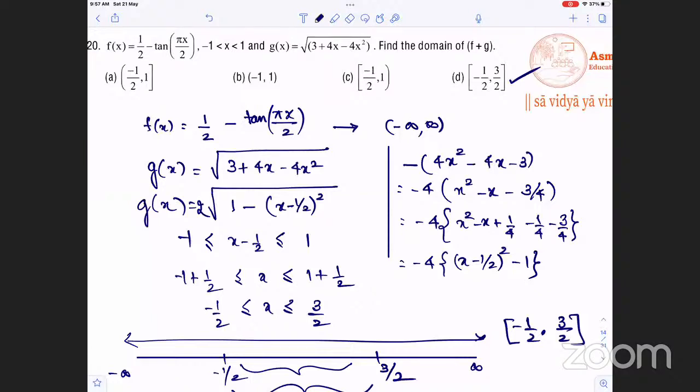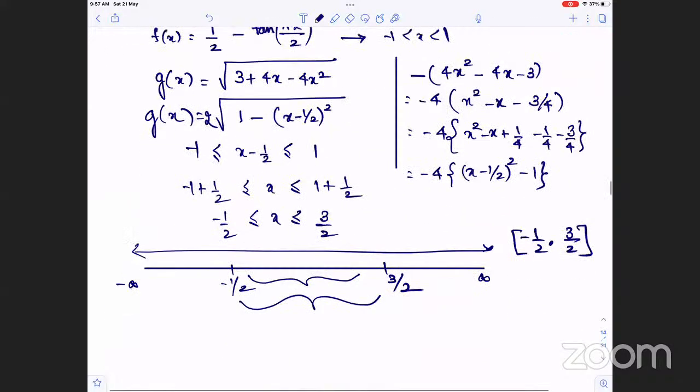Good question you asked me. We are talking about the domain, right? Yes, the domain is actually given as -1 less than x less than 1. You're right. I'm sorry, I think I made a small mistake.